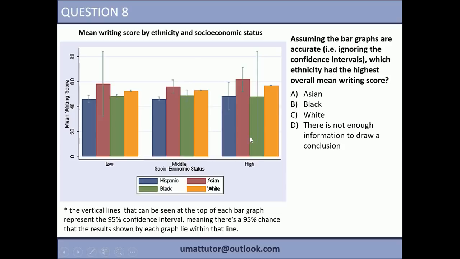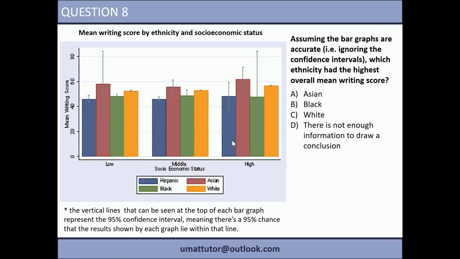Now, with the graph itself, if we're looking for the highest overall mean writing score, the challenge there is that for each of the four ethnicities, they're represented in three different bar graphs. You can see if we pick, say, the Hispanic group, there's three separate bar graphs, one in the low, one in the middle, and one in the high socioeconomic groups. Same for all ethnicities.